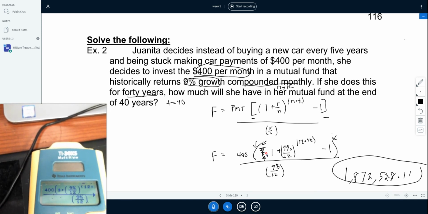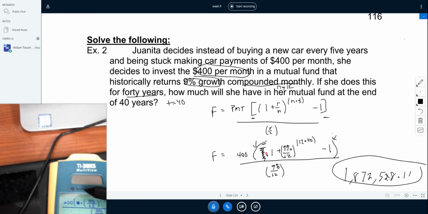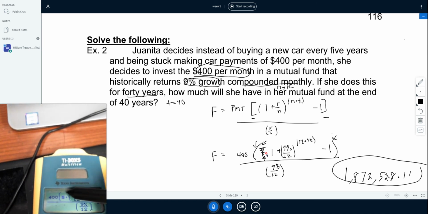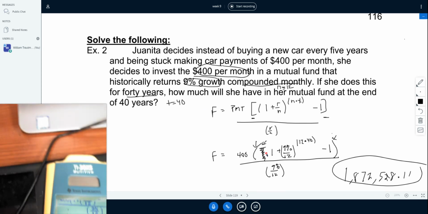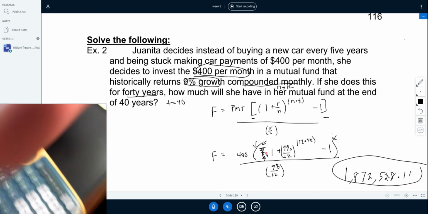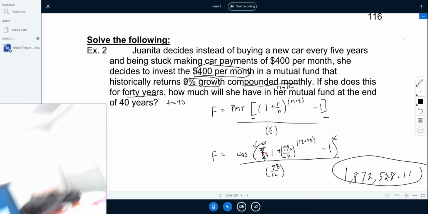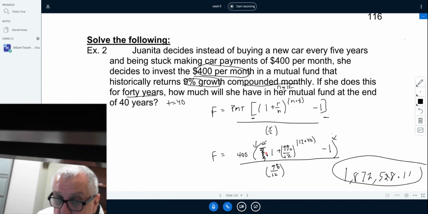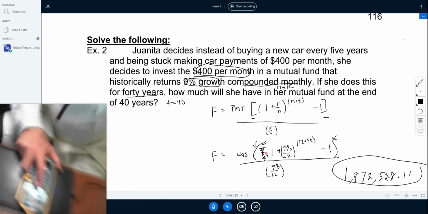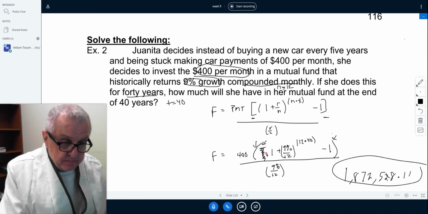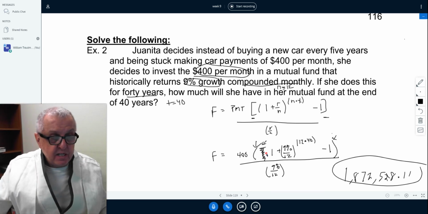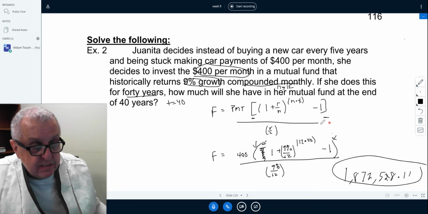And now I have the correct number of parentheses. This one is for the whole closing. And now when I hit enter I still messed it up, because I entered that other one in. Anyway, when you do it, you should have 1,872,000. So that's a tough one. So practice that one.